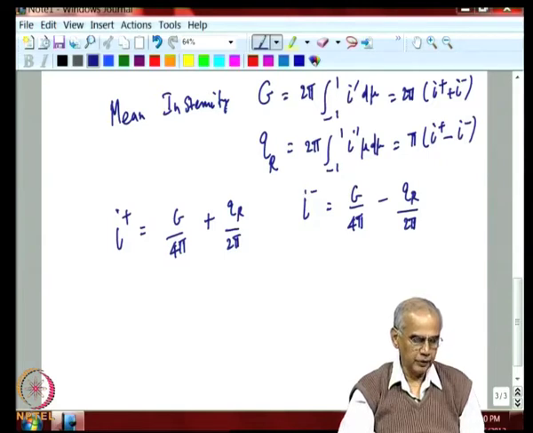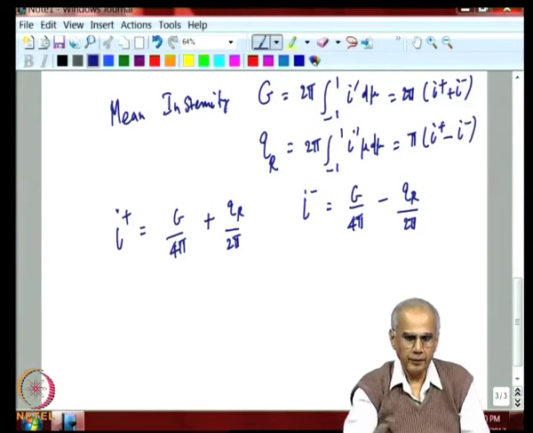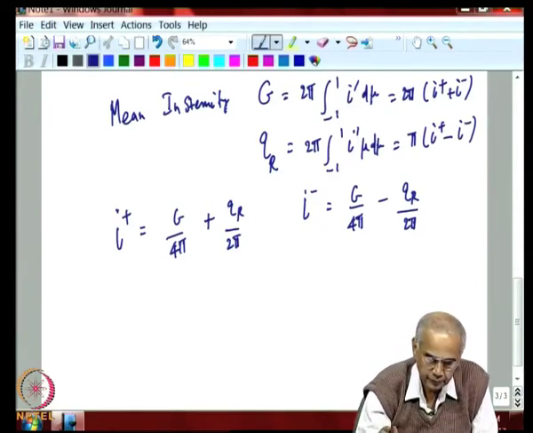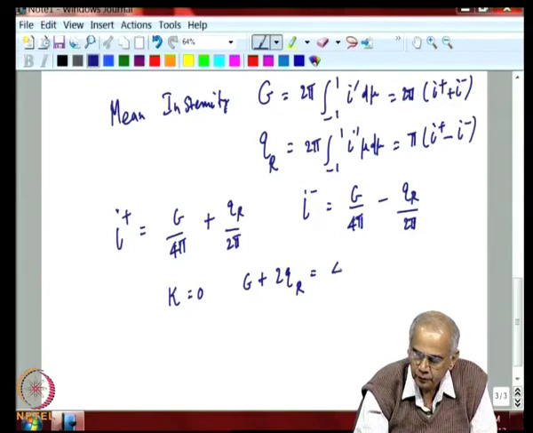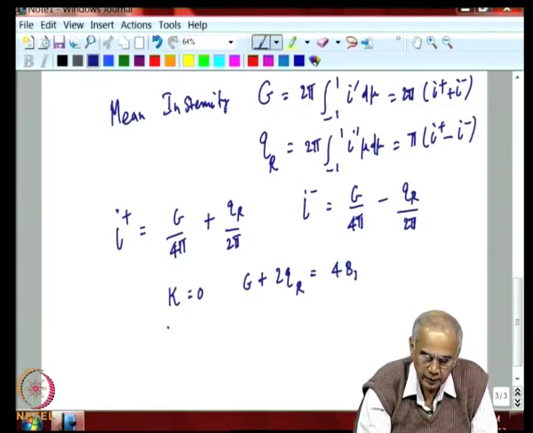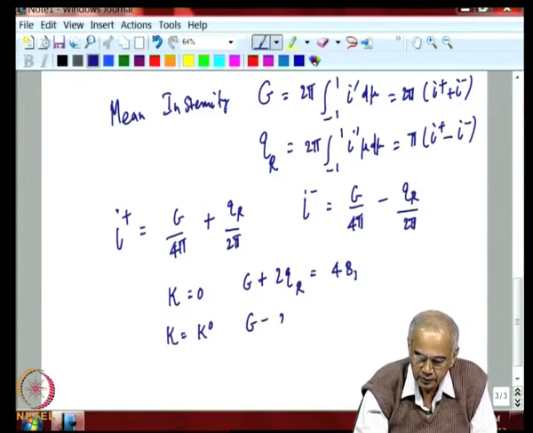Now, the boundary condition we wrote last time can be now written in terms of these quantities. So, you will get at kappa equal to 0, G plus 2 Q r equal to 4 E b1, and at the top surface we will have G minus 2 Q r equal to 4 E b2.